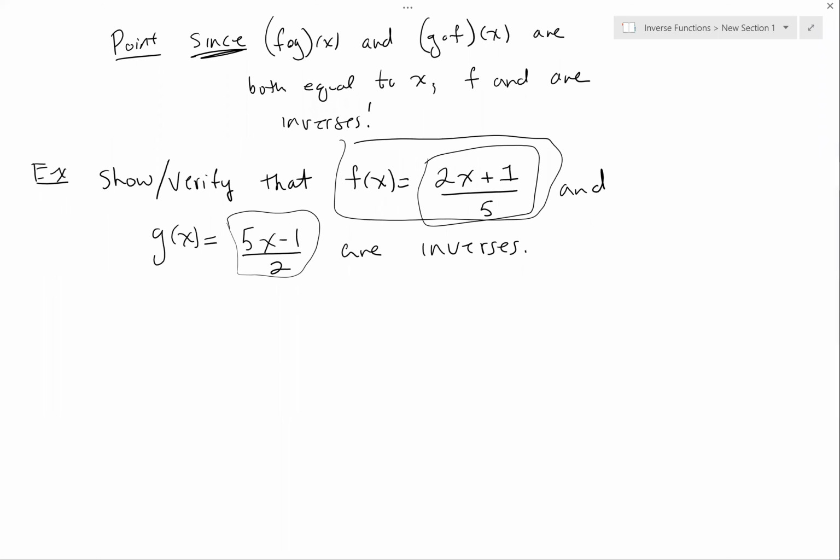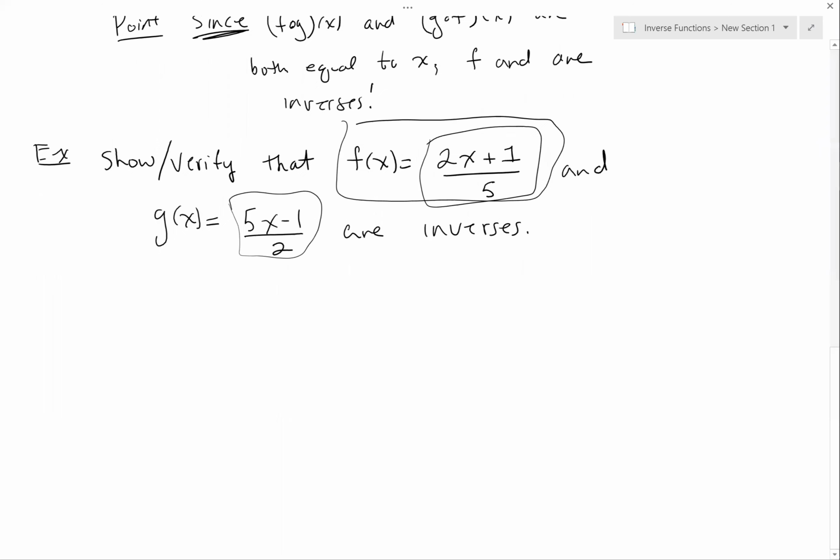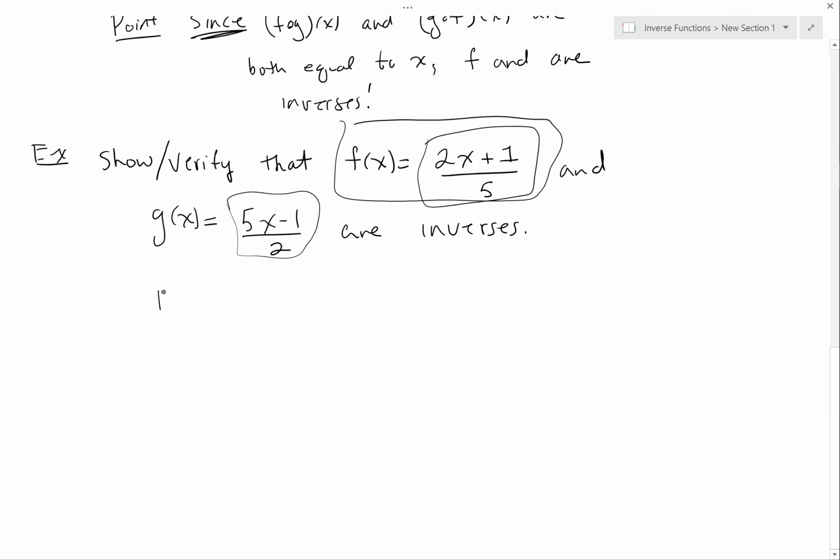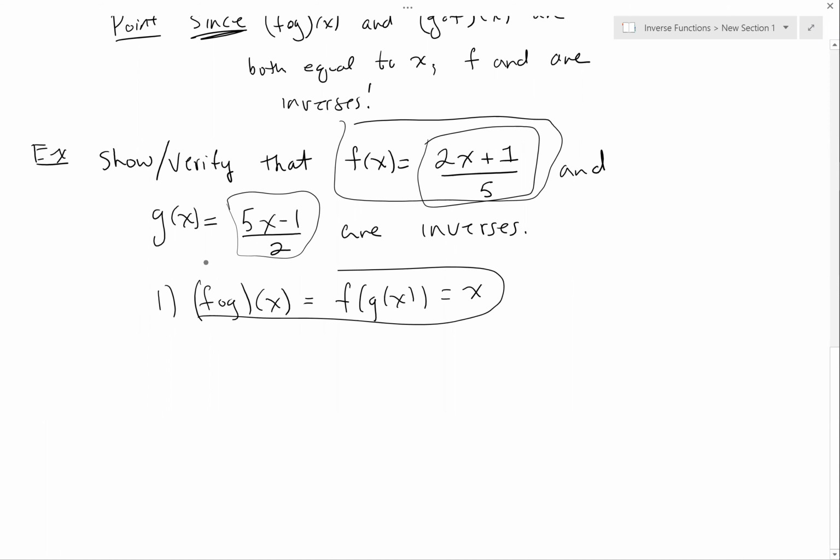So let's just verify that these two are actually inverses. So once again, we're going to show that f of g of x is equal to x. So is that true?